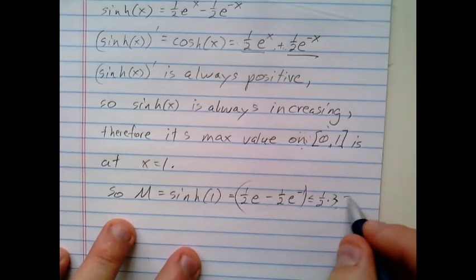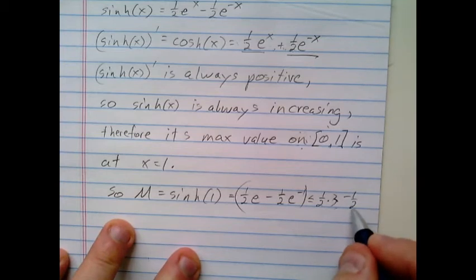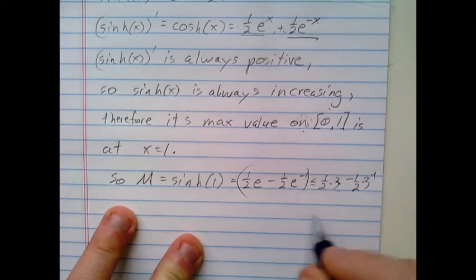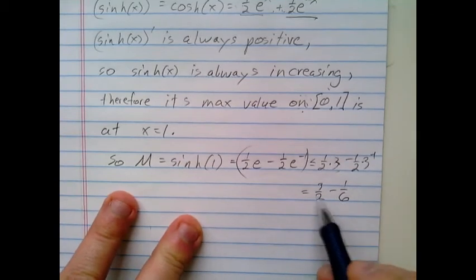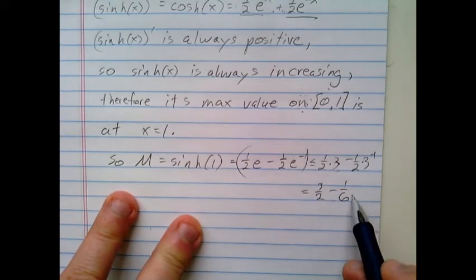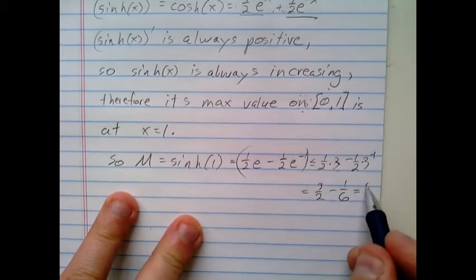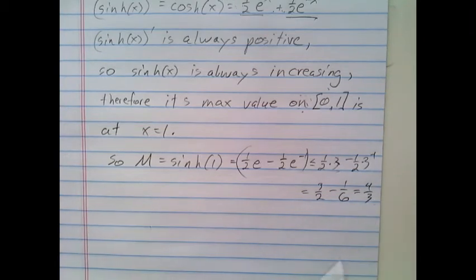So I'll say 1/2 times 3 minus 1/2 times 3 to the negative 1. Simplifying, that's 3 halves minus 1/6, so 9/6 minus 1/6 is 8/6, or 4/3. So even though I didn't come up with an exact value for m, I can say that m is less than 4/3. Now I can go back and use my formula.